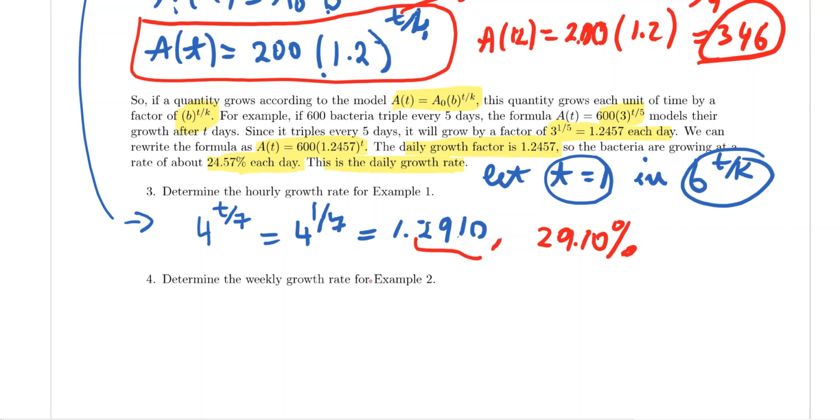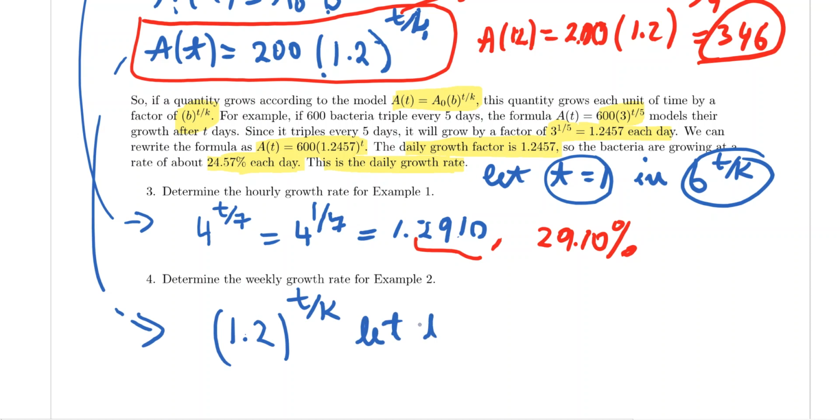Determine the weekly growth rate for example 2. This is our example 2 right here. So in this portion, 1.2 to the T over 4, you let T equal 1, which represents 1 week in this case. This gives you 1.2 to the power 1/4, I'm sorry, this K should be 4.